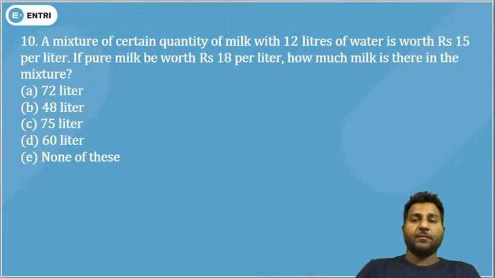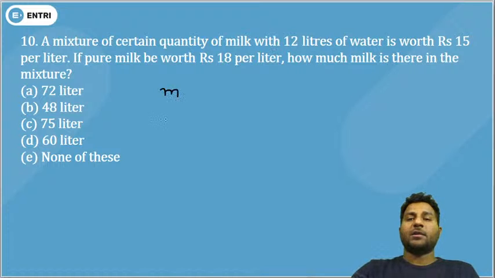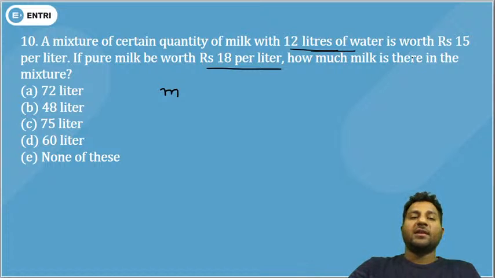All right. Next question. A mixture of certain quantity of milk with 12 liters of water is worth 15 rupees per liter. If pure milk be worth 18 rupees per liter, how much milk is there in the mixture?